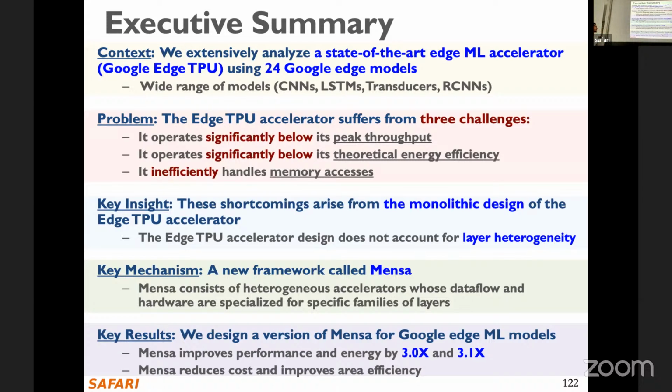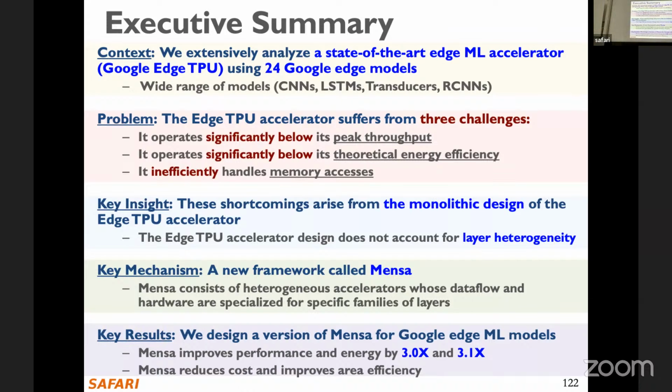The key insight when looking at the design of the Google accelerator is that those issues come from the accelerator being a monolithic design. There is one accelerator designed with a fixed size, and it is trying to fit different types of models which have different properties.